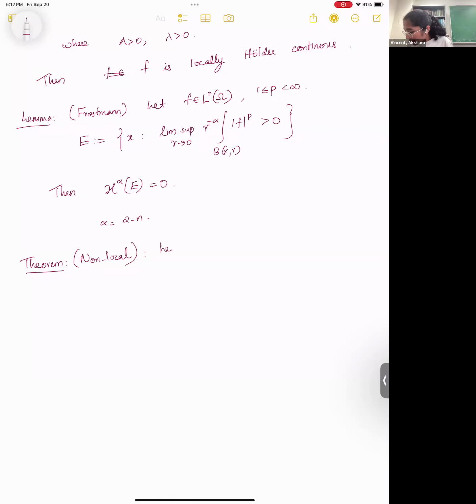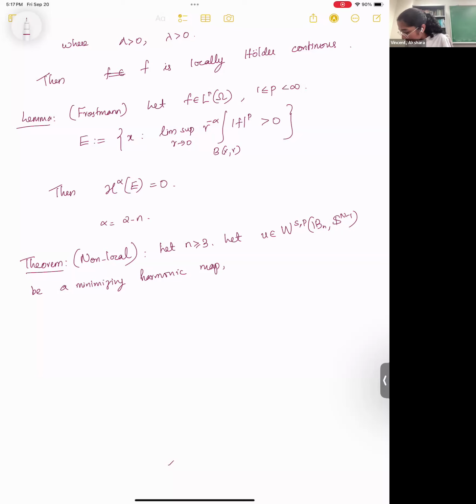So assume that n is greater than or equal to 3 and let u belong to W^{s,p}(B^n, S^{n-1}) be a minimizing harmonic map.